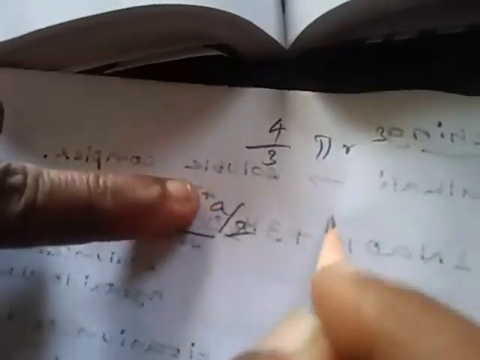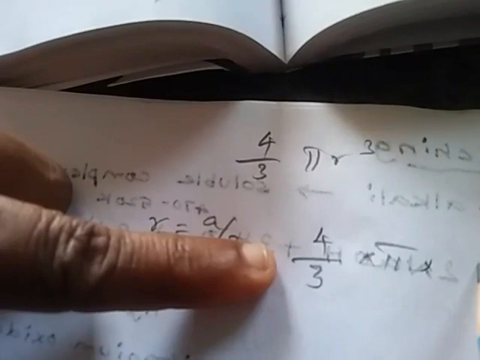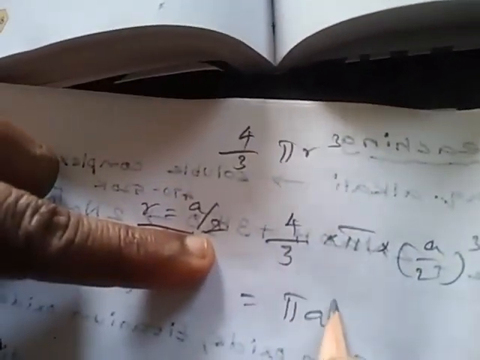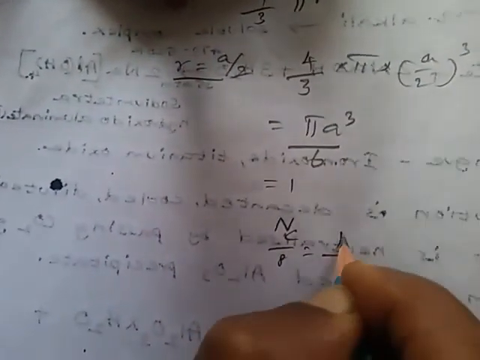If you substitute this value, 4 by 3 into pi into a by 2 the whole cube equals pi a cube by 6. And now in a simple cubic arrangement, the number of spheres belonging to a unit cell is equal to 1. Here we know that the number is 8 corners times 1 by 8, equal to 1, which we already know.